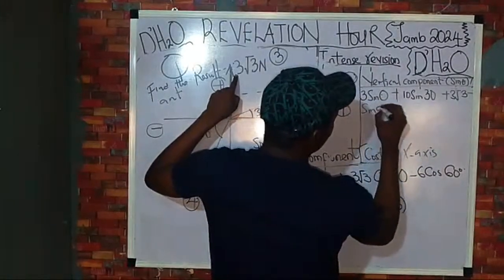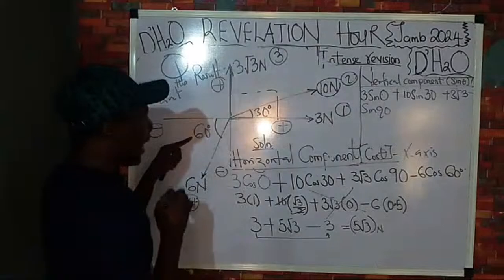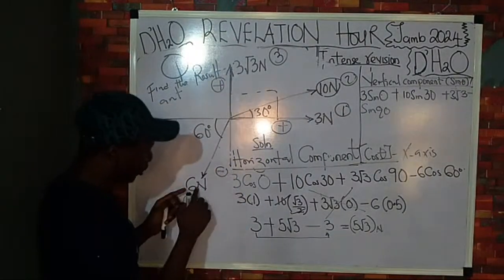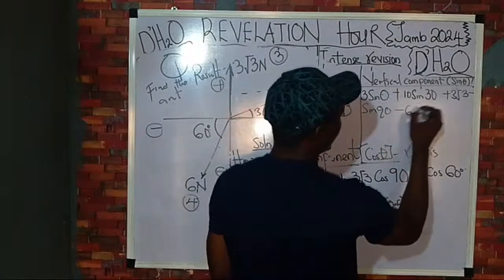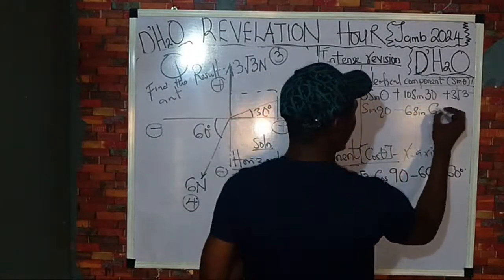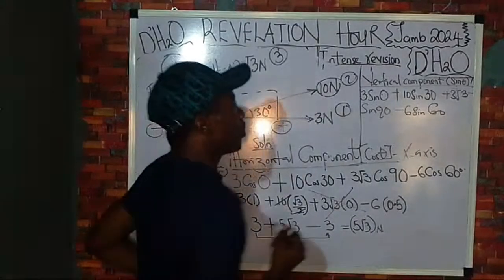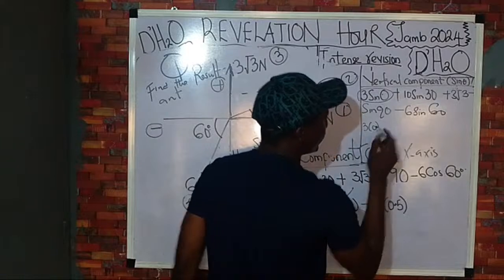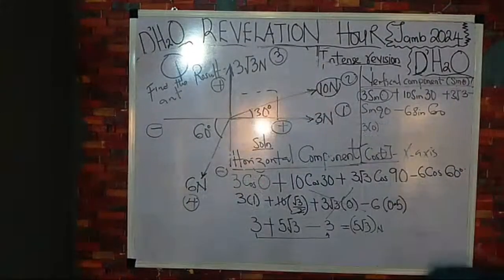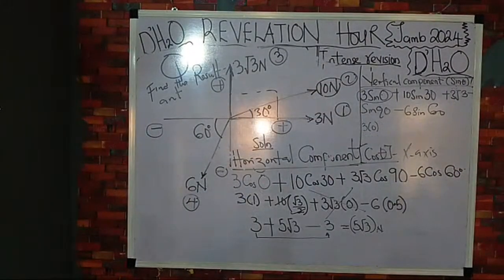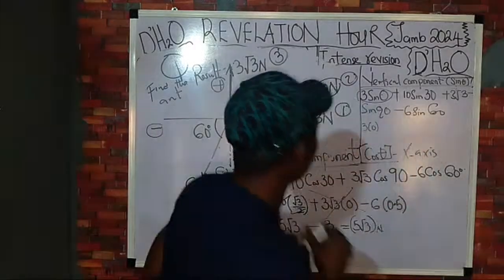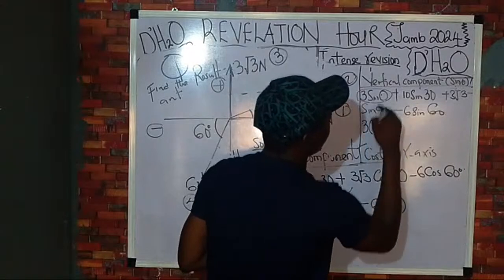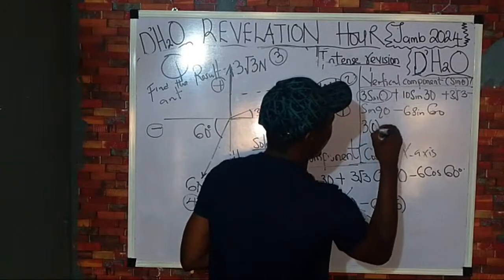sine what? Sine 90. Remember, if you go up it is positive, but if you come down it is negative, so there will be a negative. Minus 6 sine 60. This first one gives us 3 bracket sine 0, which is 0.